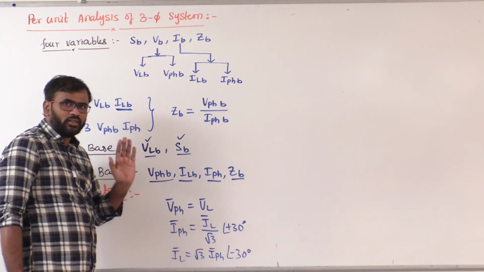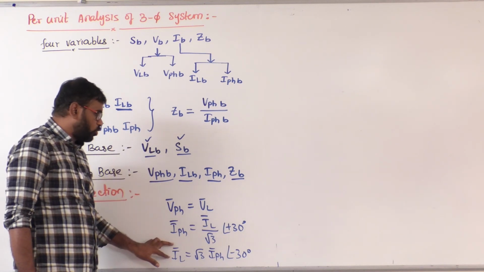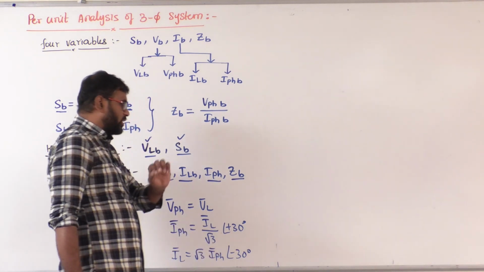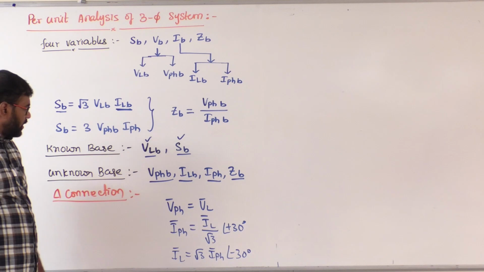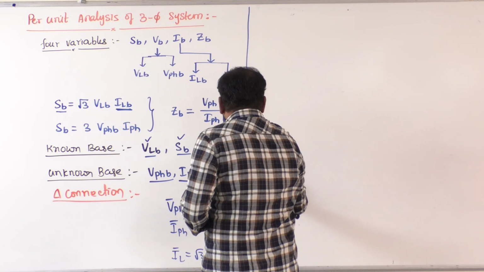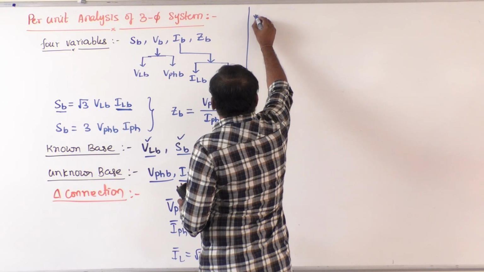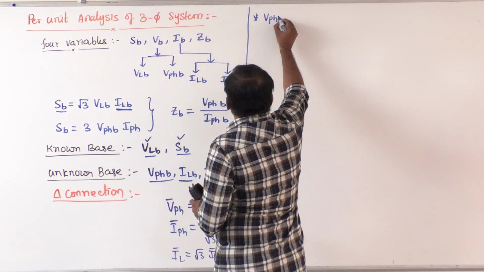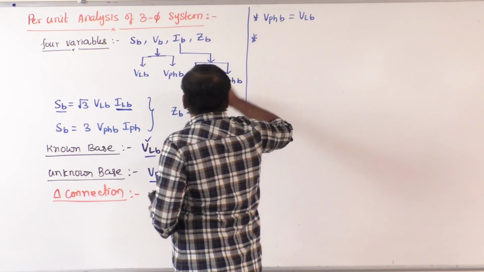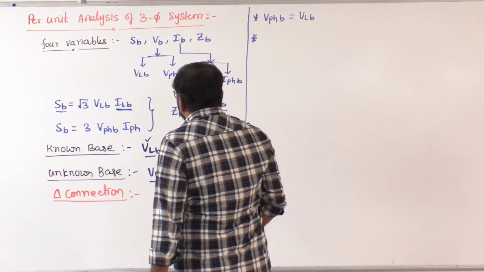This fundamental we already discussed in our PS1 course. So the magnitude of the line current is root 3 times the magnitude of the phase current, and line current lags the phase current by 30 degrees. Clear? Now we will define V phase base, I phase base and I line base. V phase base is equal to V line base, because the magnitudes of phase voltage and line voltage are the same.